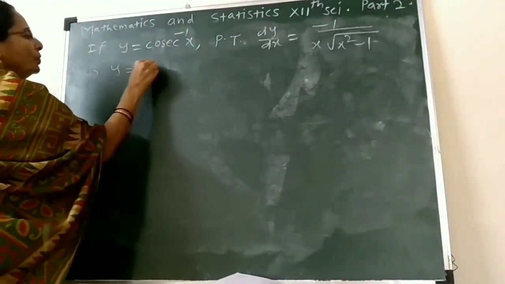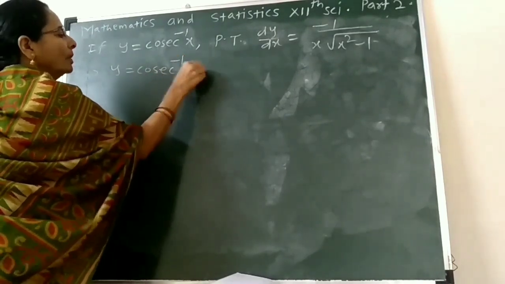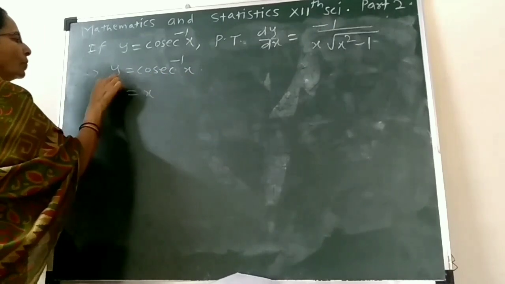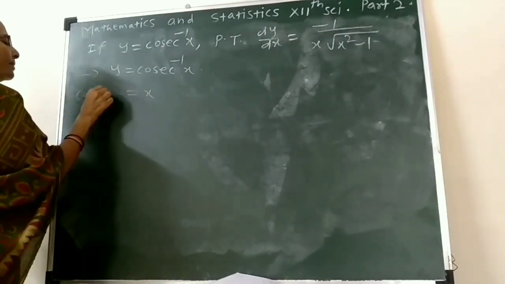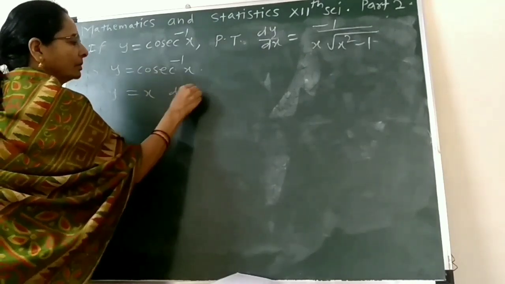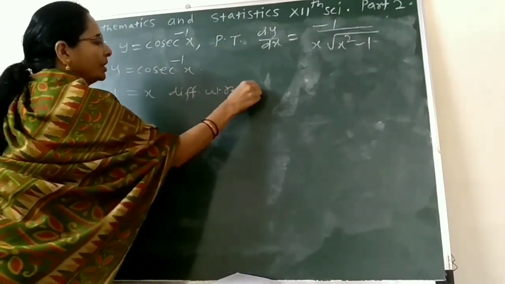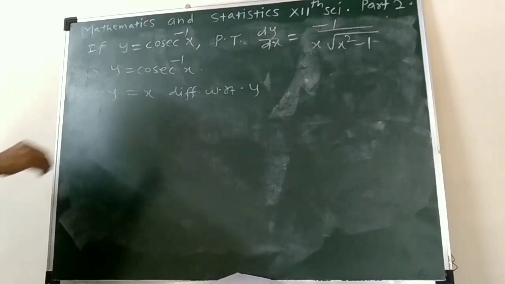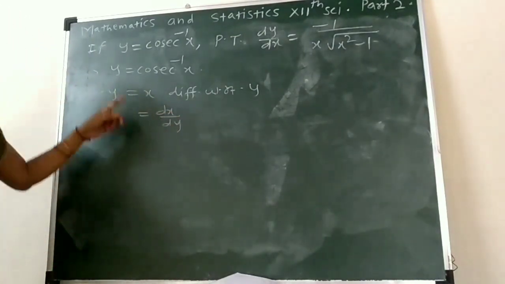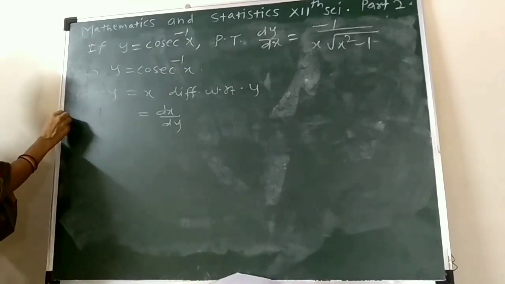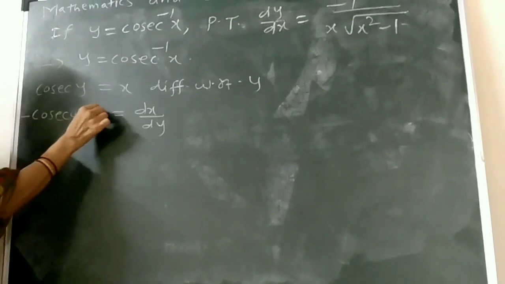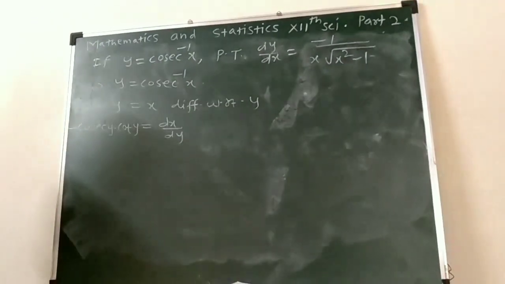Y equal to cosec inverse x, so x equal to cosec y. Differentiate with respect to y. Dx by dy, the derivative of cosec y is minus cosec y cot y.